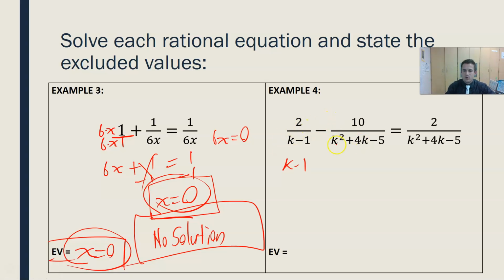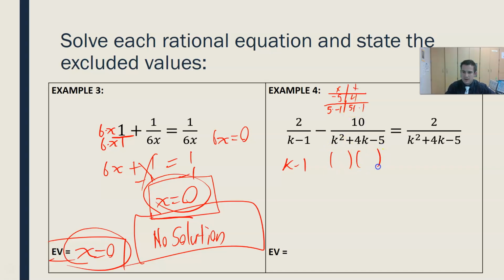Okay? So if I factor this quadratic, notice this is a quadratic expression. If I factor that, I'm going to multiply a and c together. I need two numbers that multiply to make negative 5 and add up to 4. Well, those numbers are going to be 5 and negative 1. 5 times negative 1 is negative 5. 5 plus negative 1 is 4.